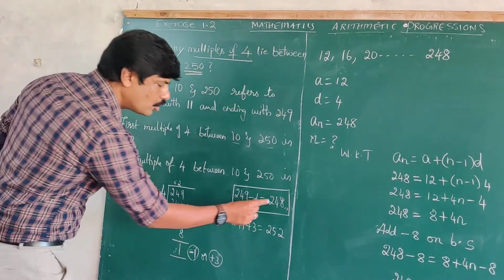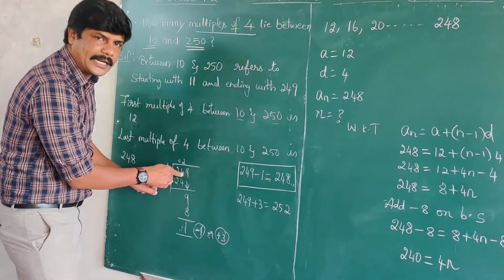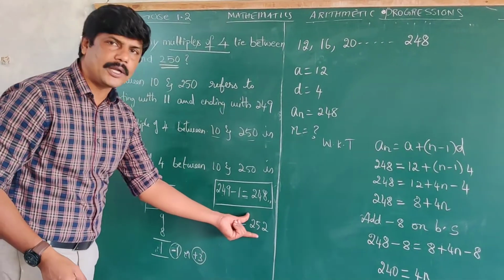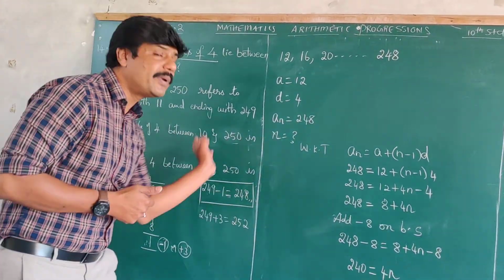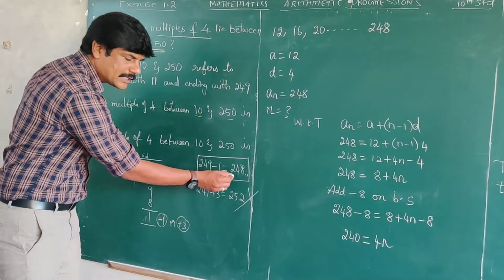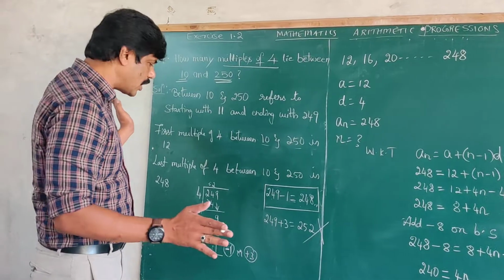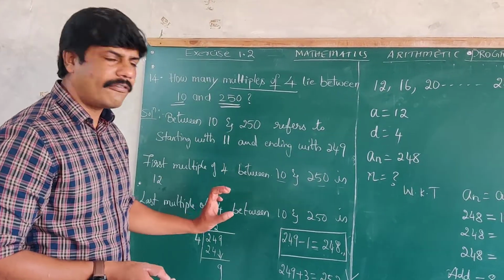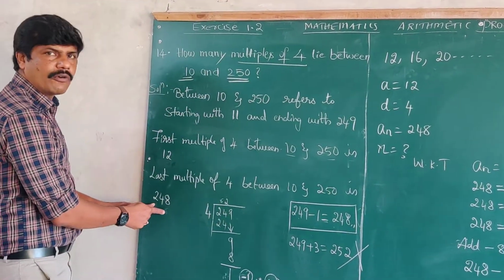If I add plus 3 to 249, you get 252. 252 doesn't come between 10 and 250; it is beyond 250. Therefore, it is neglected, and the number considered is 248. Did you understand, children? It is just like the previous problem we solved. So the last multiple of 4 between 10 and 250 is 248.